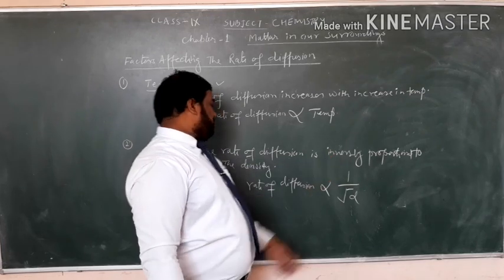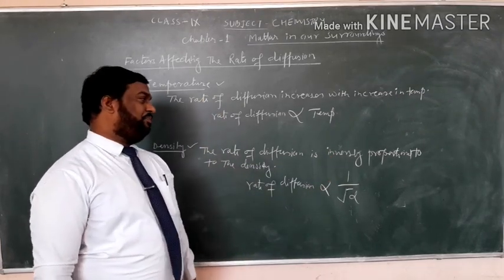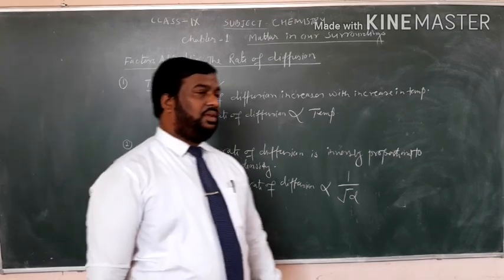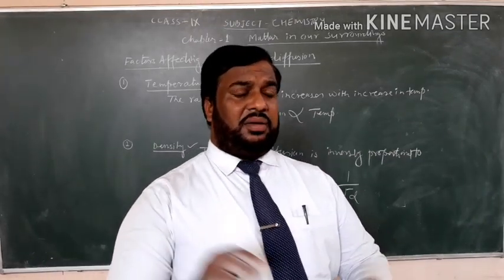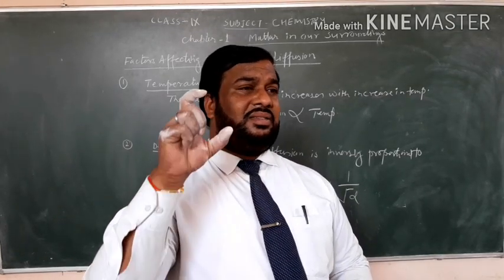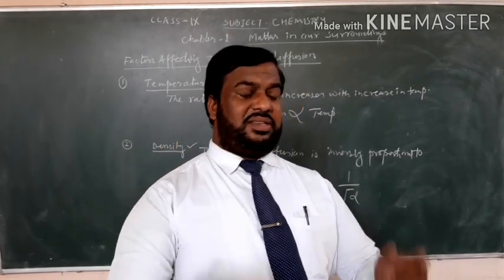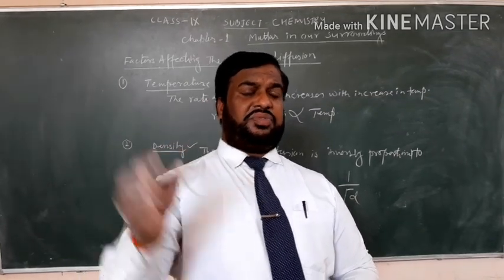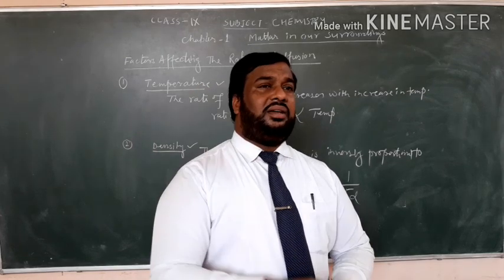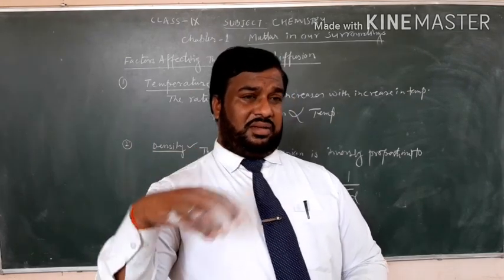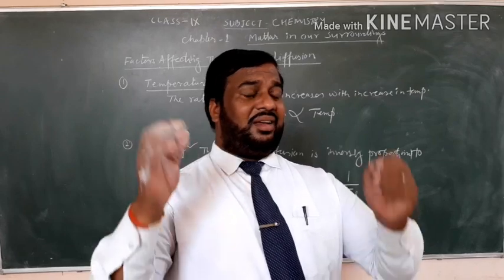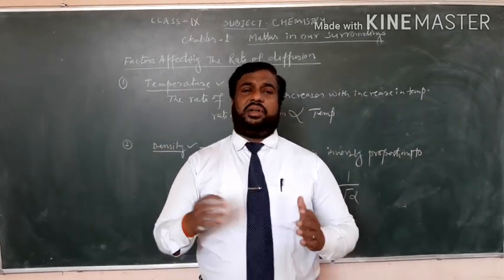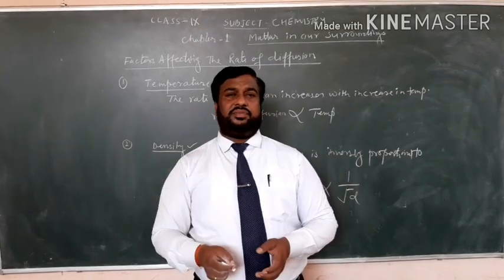So students, if a particle is lighter in nature, meaning having lower density, it diffuses faster than particles that are heavy in nature. Heavy means less diffusion, meaning the rate of diffusion is very low. So this is about diffusion and its factors.